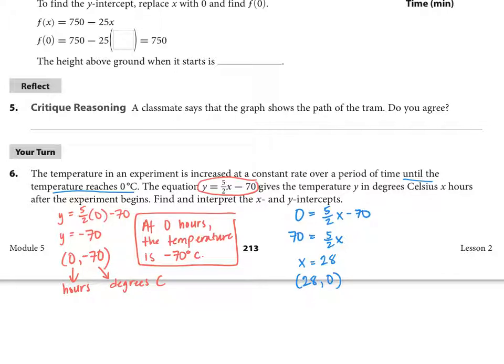So you can say something like, after or at 28 hours, the temperature is 0 degrees Celsius. Another way you can interpret this point is you can say the experiment ends after 28 hours or at 28 hours.